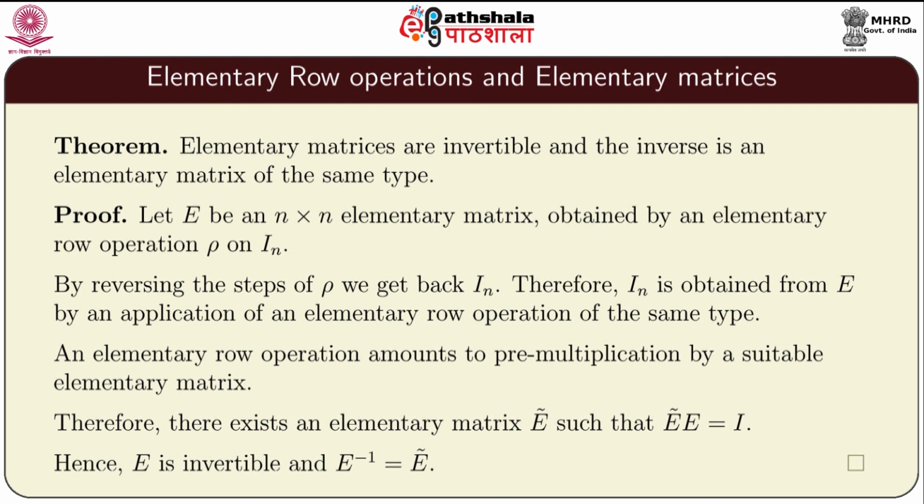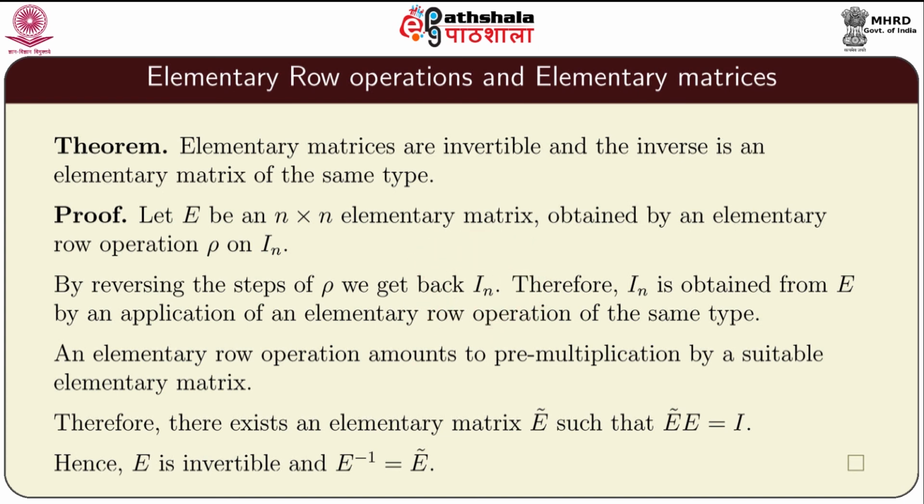Now, this is a very important observation about elementary matrices. It says that elementary matrices are invertible, and the inverse is an elementary matrix of the same type. How we prove this is the following. Suppose E is an n cross n elementary matrix obtained by an elementary row operation rho on In. Now, if we reverse the steps of rho, then we get back In.